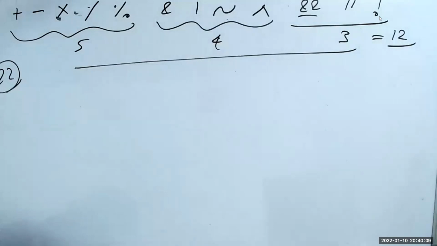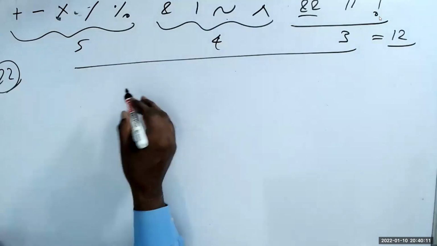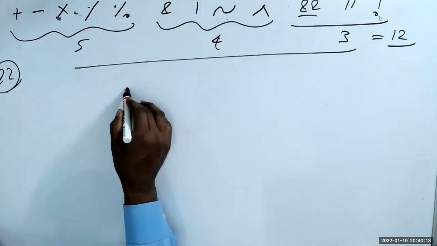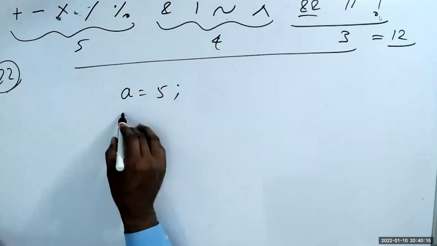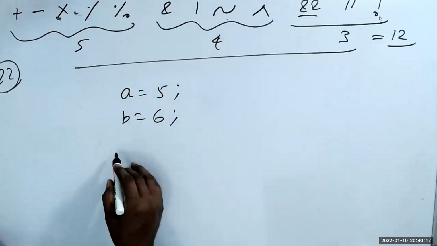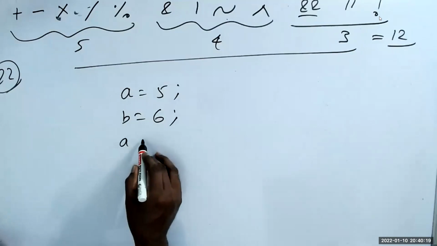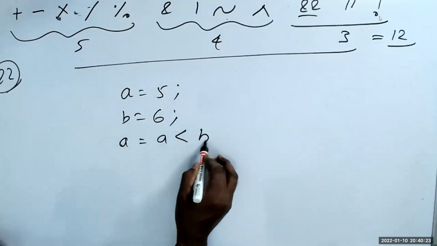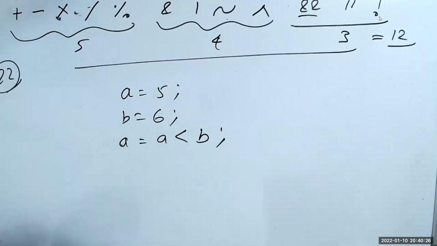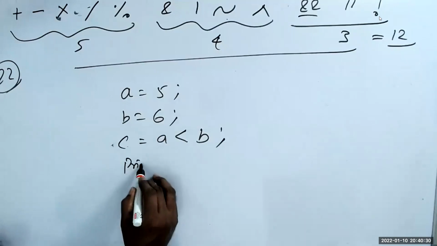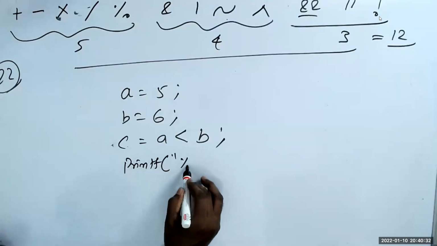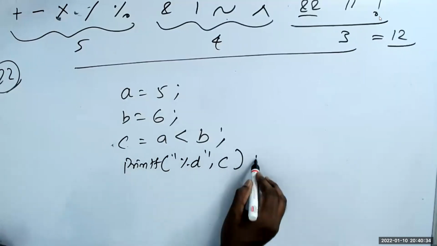And this is another trick here. You see here, when I say A is equal to 5, B is equal to 6, C is equal to A less than B. Can you tell me what is C?